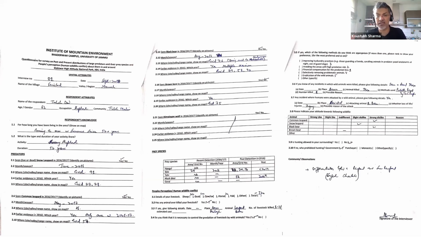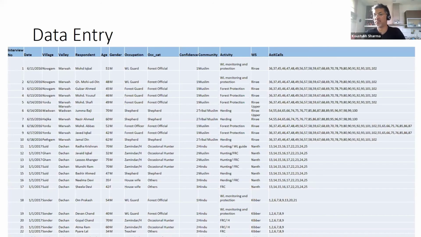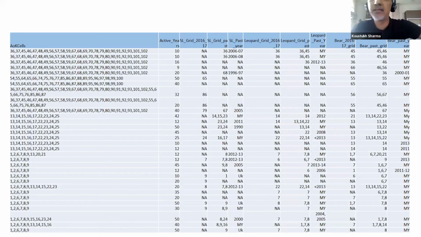So here again, as you can see, once you collect the information in the form, you'll see this is one of the forms that Muzaffar had collected. And in my understanding, this is the most time consuming and tricky step of transforming this data from the way it is in a data form to a sheet. Now, typically the detection history and survey covariates are collected together, which is why they often get organized simultaneously.